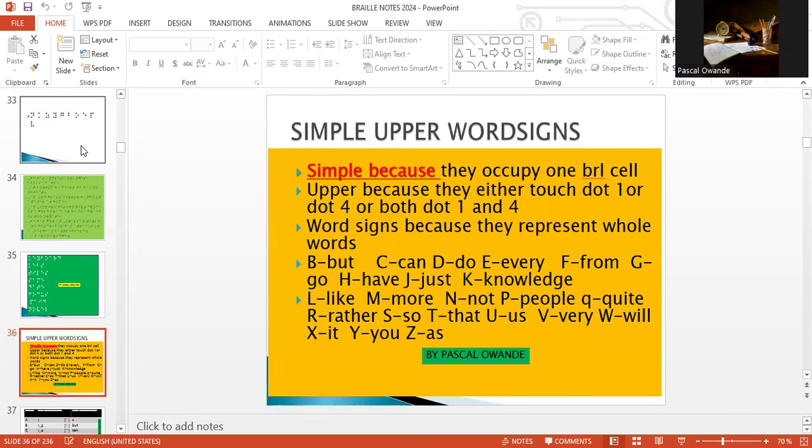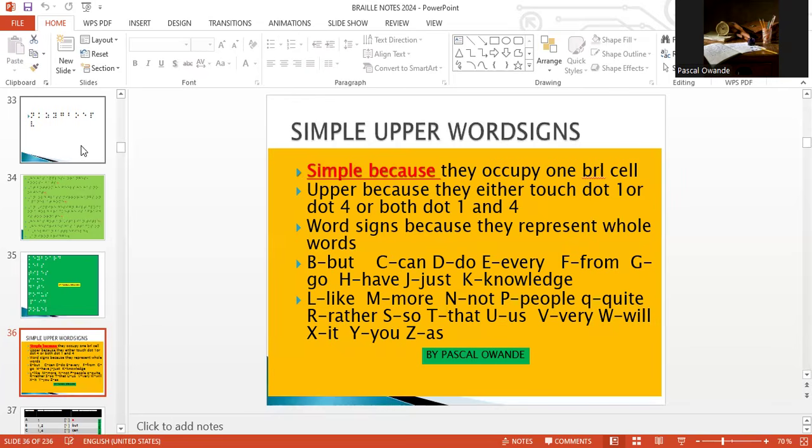In this development, we are going to look at the letters of alphabet from letter A to letter Z to see which simple words we get from these letters. And the rule that we need to observe here when dealing with the simple upper word signs is that the simple upper word signs can only make meaning when they stand alone in isolation, not adjoined to other letters.